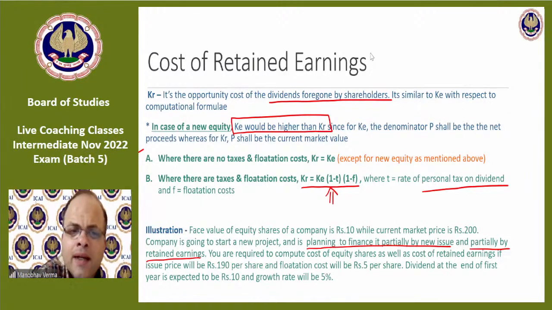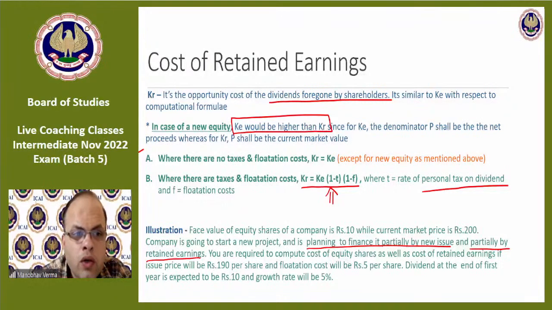So if I say that the general rule is cost of equity is equal to cost of retained earnings, we are not talking about the new equity in that case, right? But in this particular illustration, we are talking about the new equity. So can we say for cost of equity, I will have to calculate for the new capital considering the transaction cost?